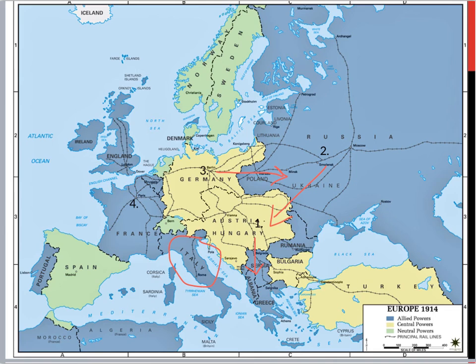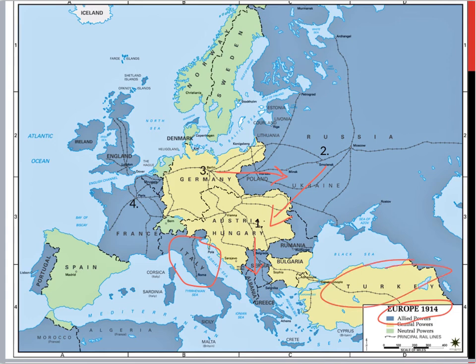You'll notice on this map that Italy is listed as an allied power. So Italy not only doesn't fight for the Austrians, they switch sides and fight for the allied powers. But at this point, we're still talking about the alliances. There's a difference between the Triple Alliance, which is Germany, Austria-Hungary, and Italy, and the Central Powers, which are Germany, Austria, and, though we haven't gotten to them yet, Turkey.